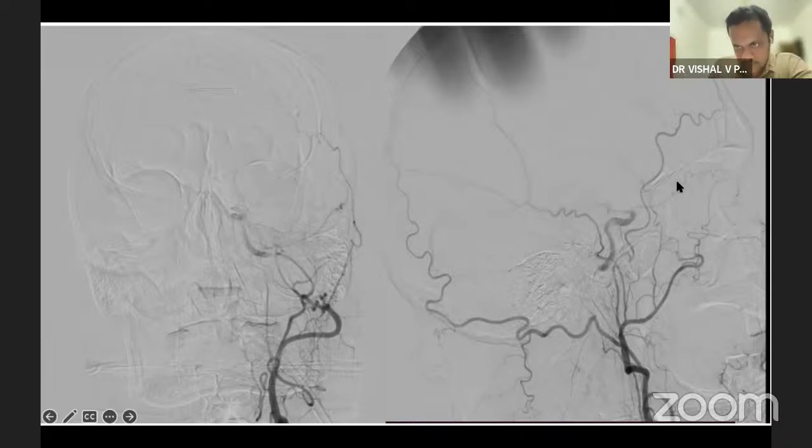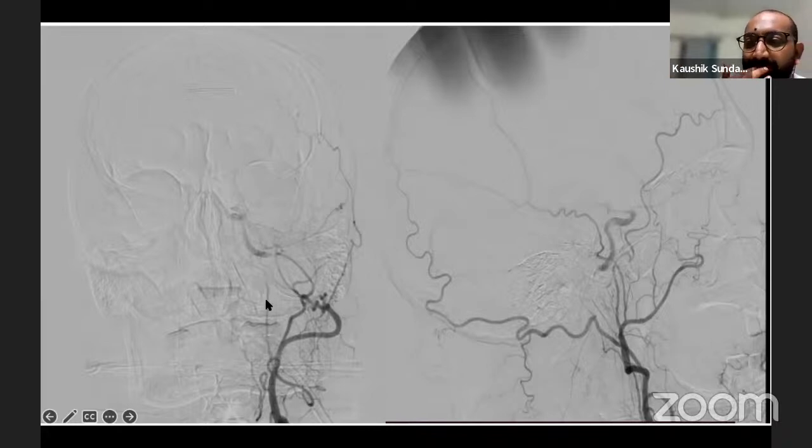Mostly through the ophthalmic artery. It's filling retrogradely. Okay, so you're thinking that it is the ophthalmic artery that is filling it up. Okay, but is there any other artery that is giving a good amount of collaterals? Can you see it in the AP view? Okay, can you see a thin streak of a straight artery coming all the way from the mouth?